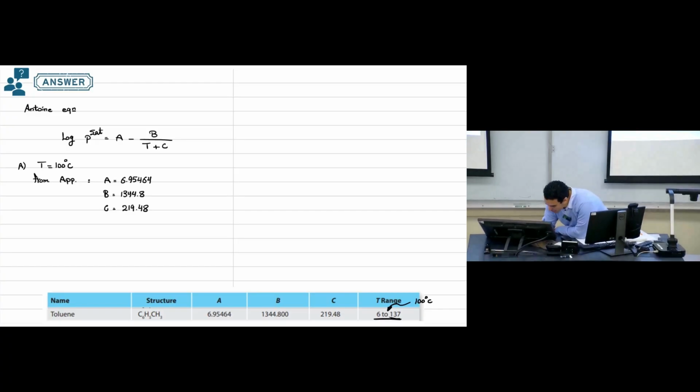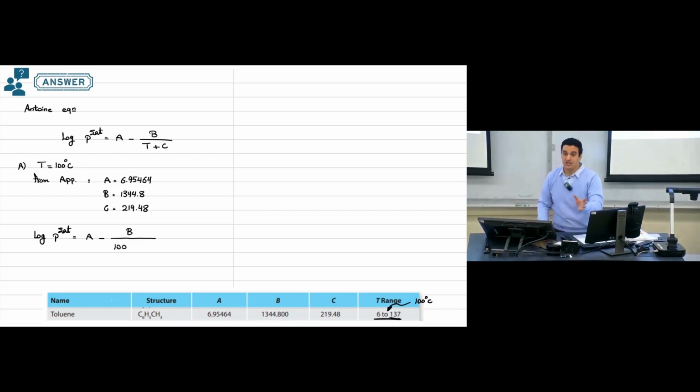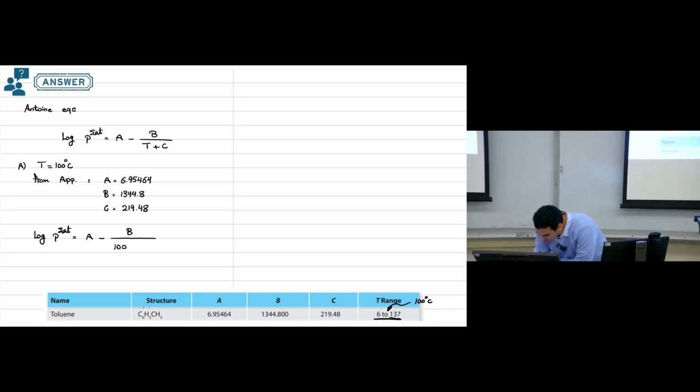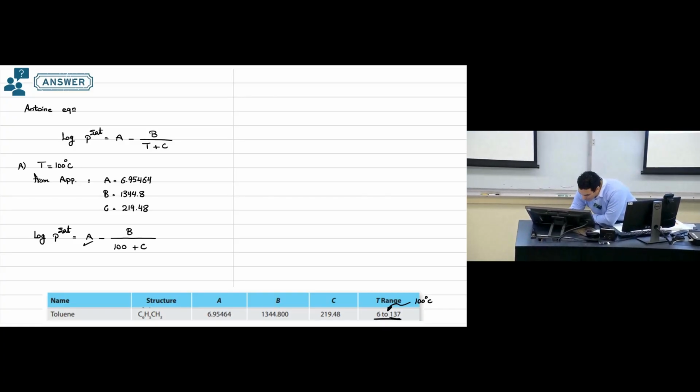So substitute in these values, then we will have log saturation pressure equal to A minus B over 100, put it as Celsius, there is no need to convert it, plus C. We have the value of A, B, and C. After we substitute in this equation, you will find that the saturation pressure will be 556.3, and again the units are millimeters of mercury.